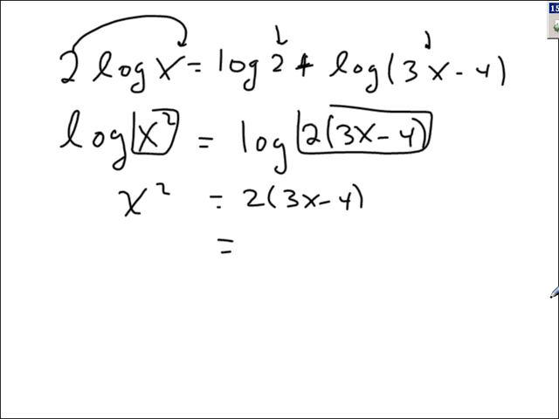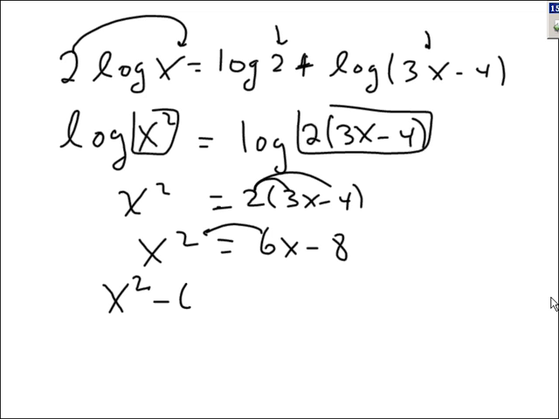So the right side becomes 6x minus 8. The left side is x squared. It's a quadratic equation. I'm going to bring everything to the left side, that is, set it equal to 0. When you bring a term over, like the understood plus 6x, it becomes minus 6x.